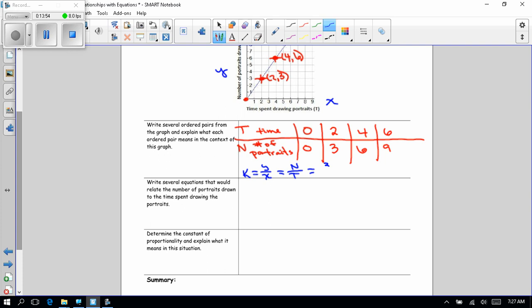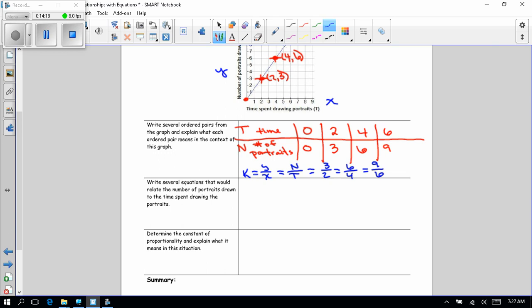She can do 3 portraits in 2 hours. She can do 6 in 4 hours, which reduces to 3 over 2. Let's keep it straight here, Mrs. Oakstra. 6 over 4, which reduces to 3 over 2, and 9 over 6, which also reduces to 3 over 2. So my constant of proportionality is 3 over 2.